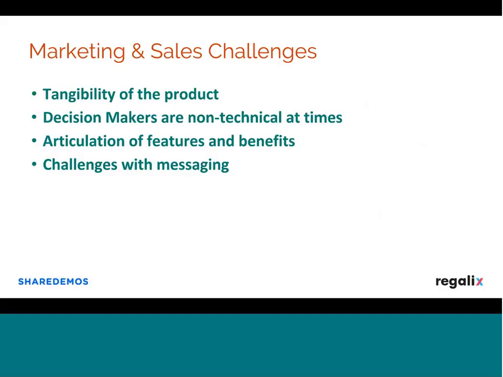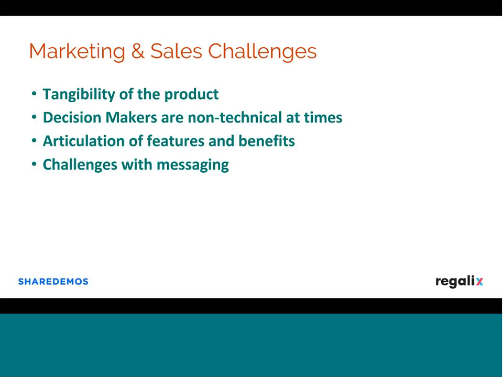Moving to the next slide, there are a plethora of marketing and sales challenges in order to communicate a complex product. The most important of them is that complex products are intangible in nature, mostly. Decision makers are non-technical at times.